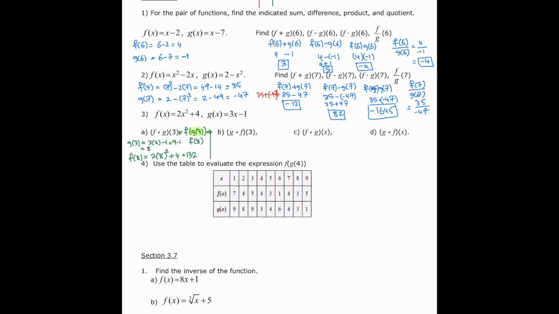For B, we want to find g of f of 3. So we need to find f of 3 first. So f of 3 is equal to 2 times 3 squared plus 4, which is going to be 2 times 9 plus 4, that is 18 plus 4, which is 22.